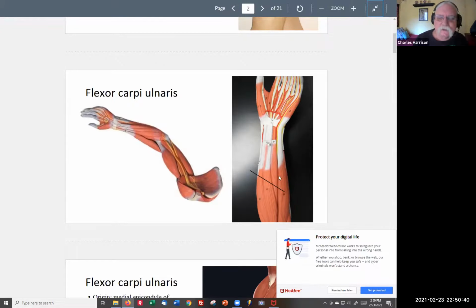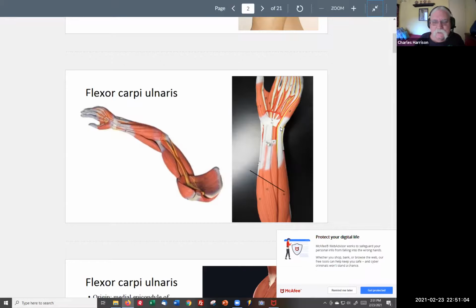So now we're looking at this muscle here, ulnar side. Flexor carpi. The word carpi refers to carpals, the 8 carpals in each hand. In other words, here in the wrist. This extends to the carpals.